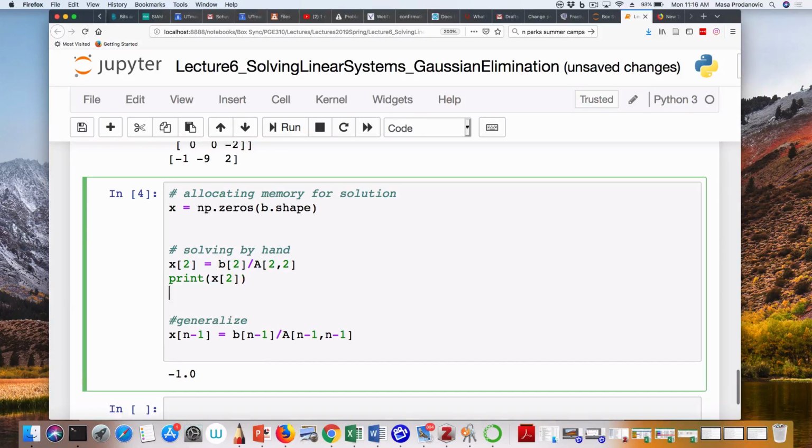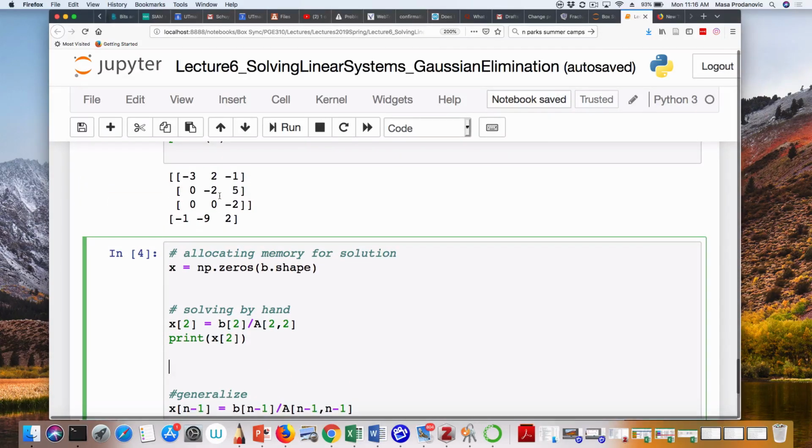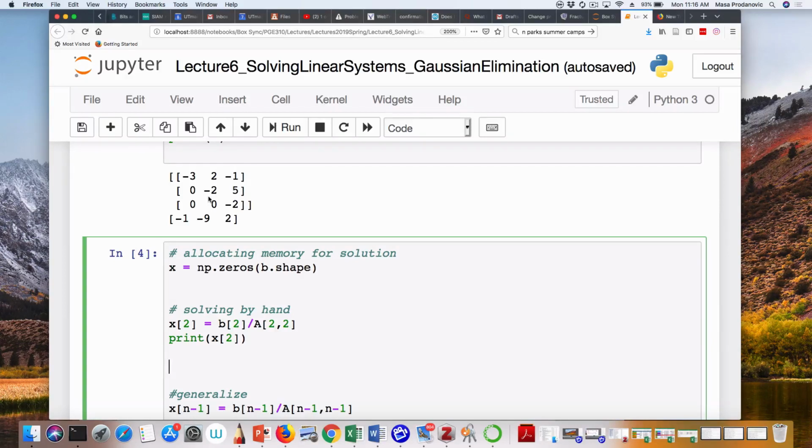Now, if I was solving by hand, I know that I would have the equation here, minus 2, okay? Technically, my equation is minus 2 is a of 1, 1, correct? Times x of 1 plus a of, what is 5? A of 1, 2, if I'm starting from 0, times x of 2.